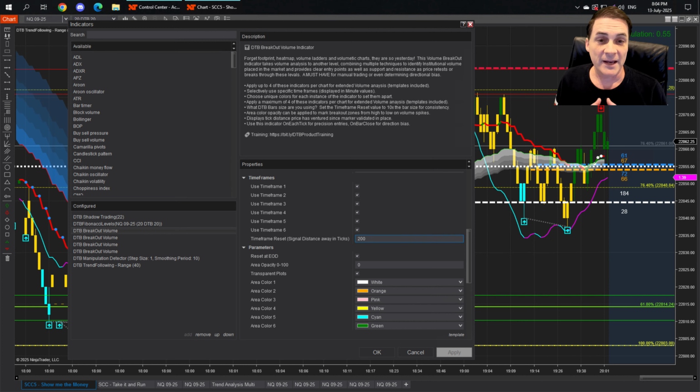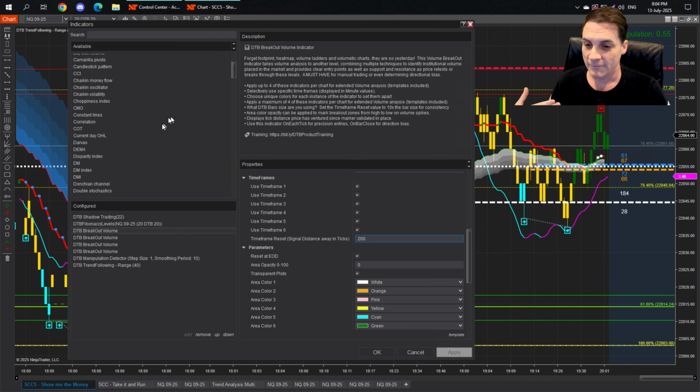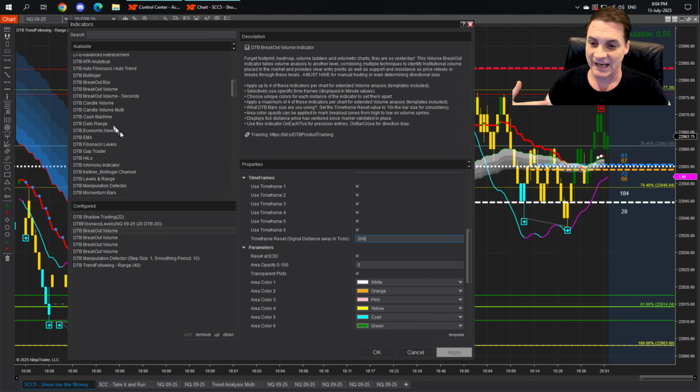I think it's really going to help guys understand the indicators a lot better. And it's going to really help with consistency, because a lot of new members or people that are not very familiar with the DTB system will see all these indicators listed. Remember, we've got a whole tool set of over 60 indicators that are all included with the DTB subscription.